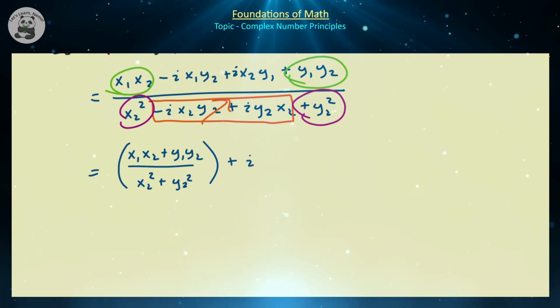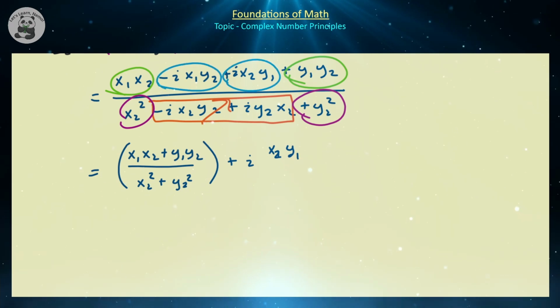And then we're going to have our i term. Let's see how I want to write this. Yeah, let's distribute our minus sign. So we're going to have, let's do x2 y1, because keep in mind we have this minus sign.